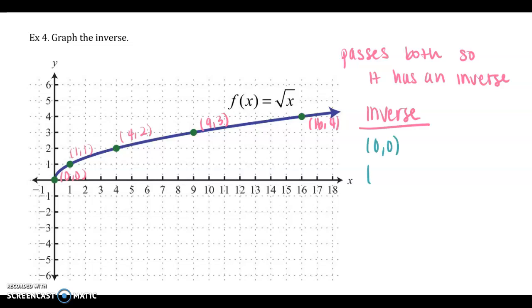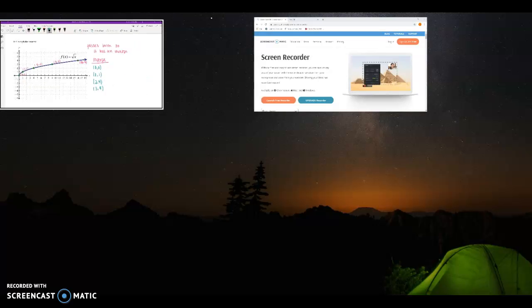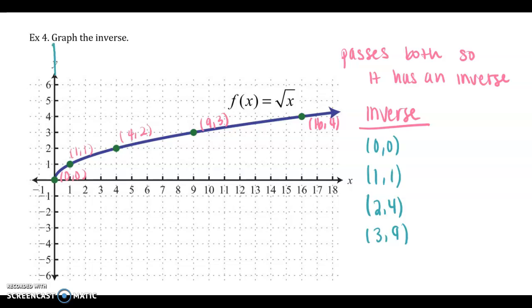So 0, 0, 1, 1, those are the same. 2, 4, 3, 9. Alright, and then I probably need to extend this graph so that I hit 9. So we'll say 9 is there. Alright, so 0, 0, 1, 1, 2, 4, and then 3, 9.